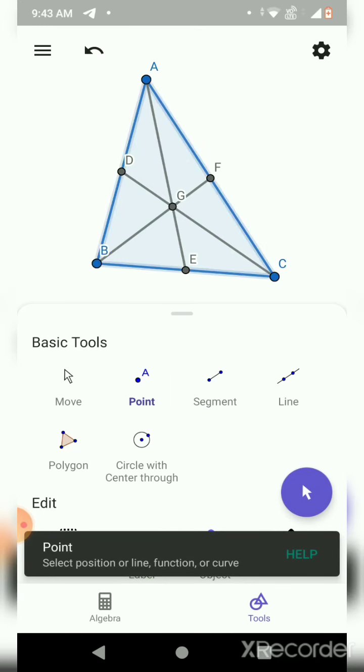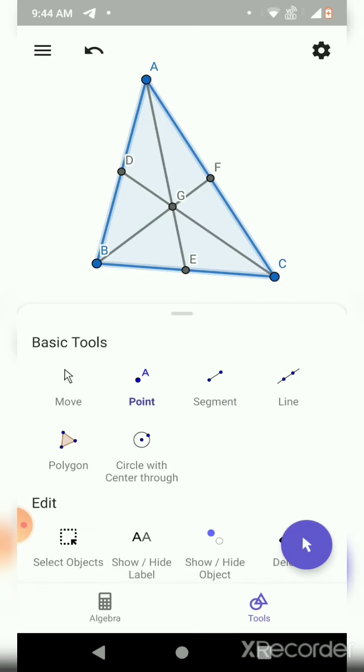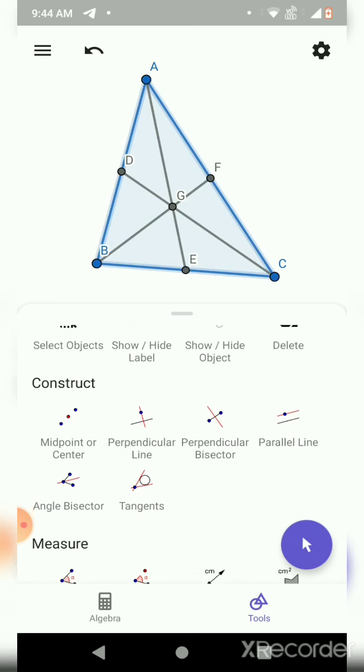Here you can see this single point, the point of concurrence from where all the three medians of a triangle are passing. This point of concurrence is called centroid. Okay, and what is the property of centroid? Let's check it out.